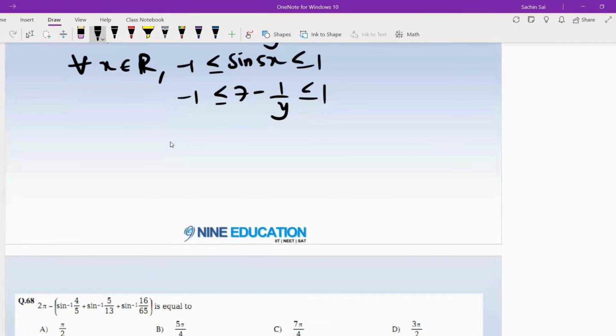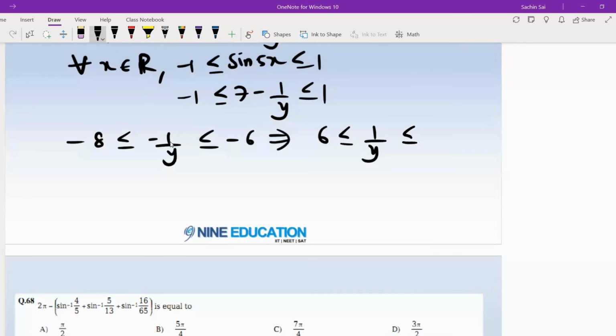So if I subtract 7 on all sides, I get -8 less than or equal to -1 by y less than or equal to -6. Now, if I multiply -1 on all sides, the inequality will change. So 6 less than or equal to 1 by y less than or equal to 8, right?